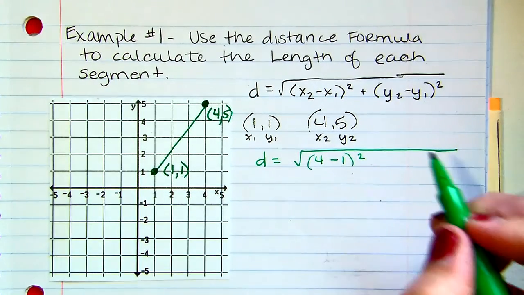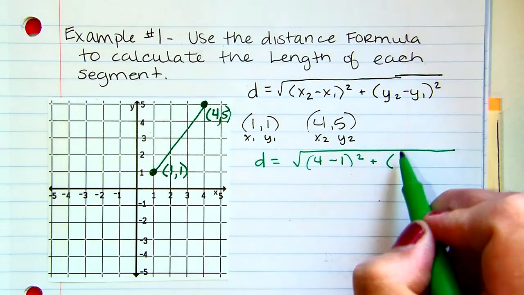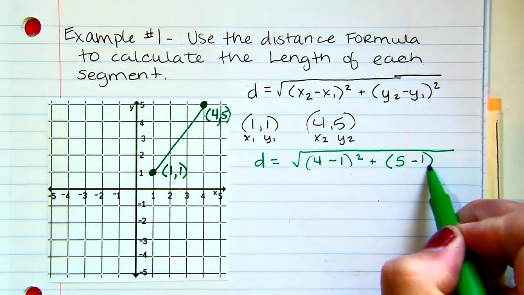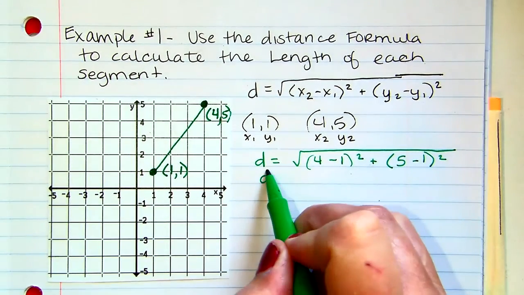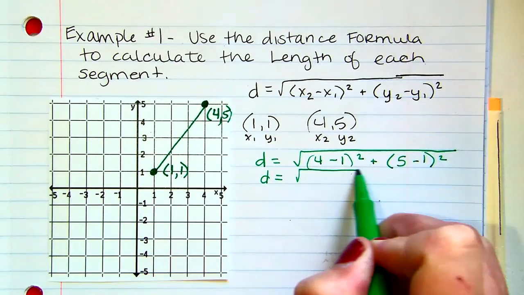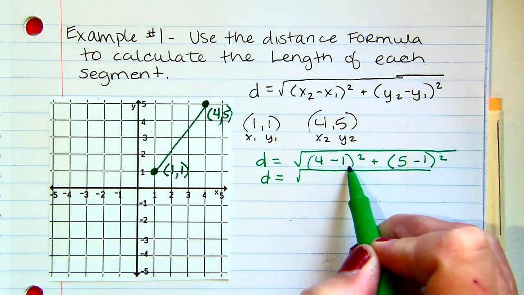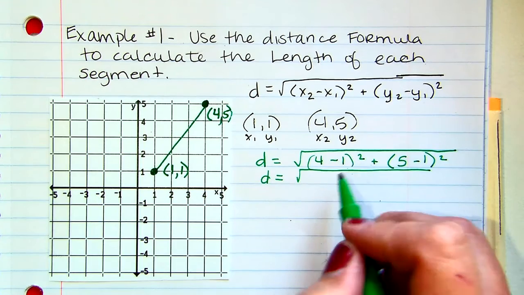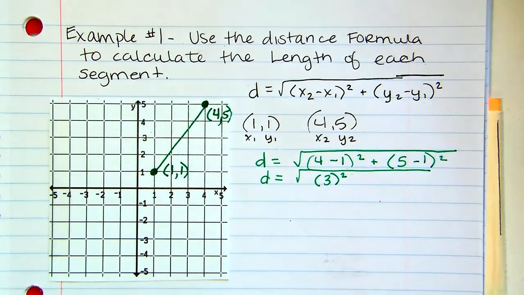Now I'm going to use a plus sign, and I'm going to go y2, which is 5, minus y1, which is 1. And that's going to be squared. Now, I'm going to rewrite this once again. D equals the square root. I'm going to now find out what the value of 4 minus 1 is, because I need to figure out what's inside those groupings of parentheses first, and that's 3. Now, I'm going to keep this in parentheses, and you'll see why later on.